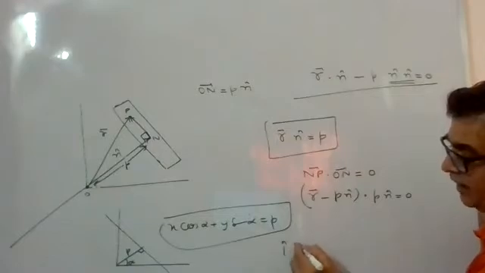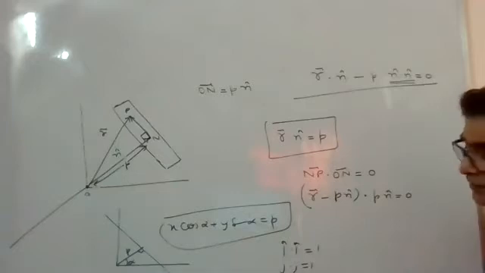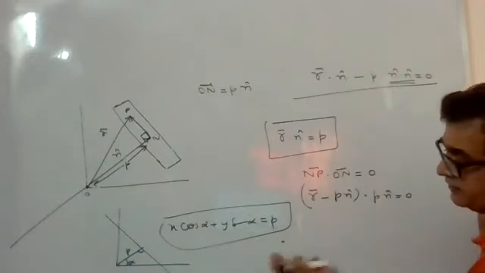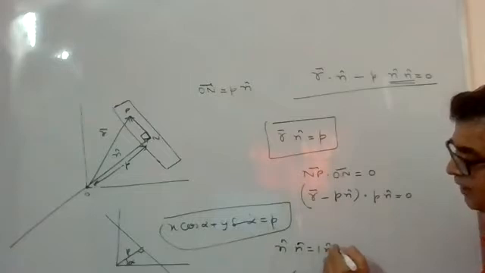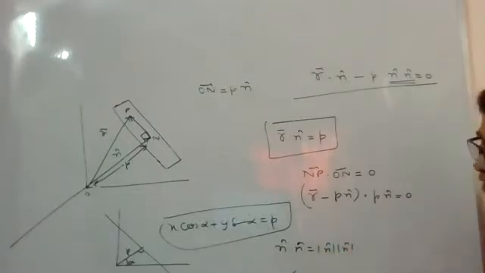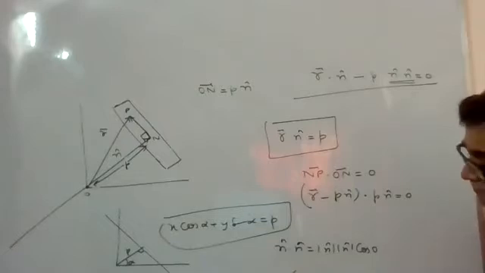Remember i dot i, they are unit vectors, coming 1, j dot j is coming 1. Why? Because they are unit vectors. And if you do not remember, you can do it like this: n dot n will be magnitude of n times magnitude of n times cos of the angle between them, which is 0.